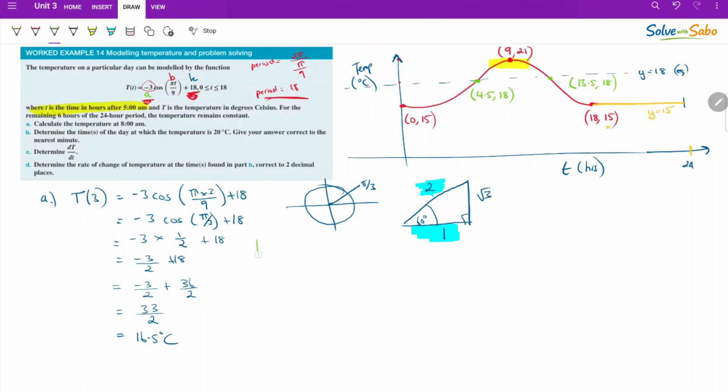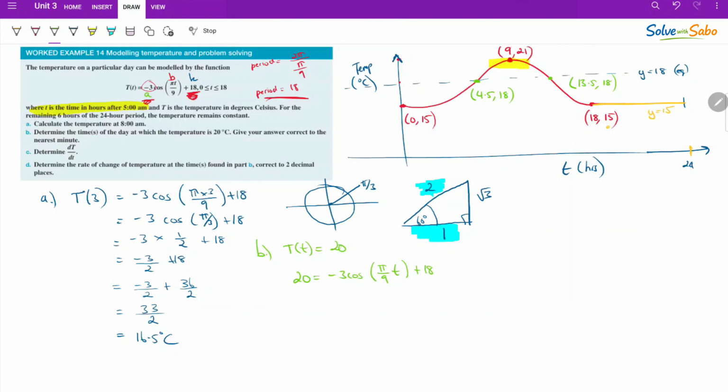So the way that I am going to approach this is, where is T of T equal to 20? So where is this whole equation that we had before, -3 cos of pi on 9 T plus 18, where is that equal to 20?